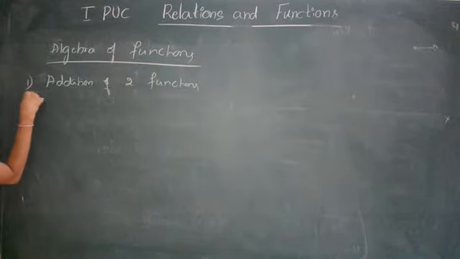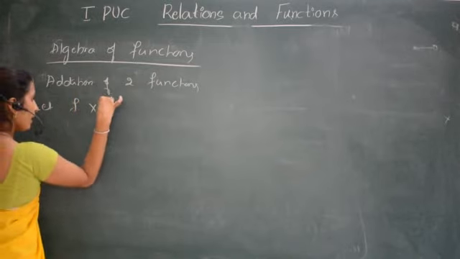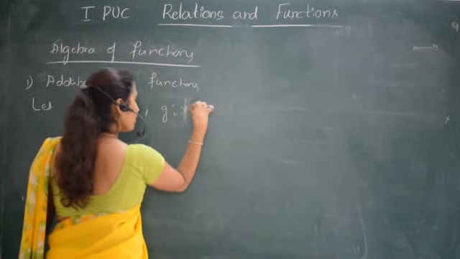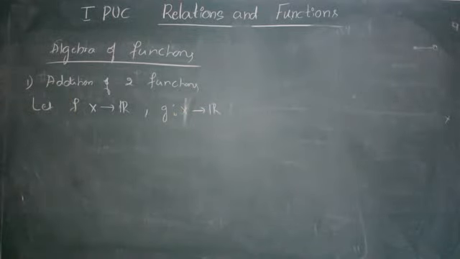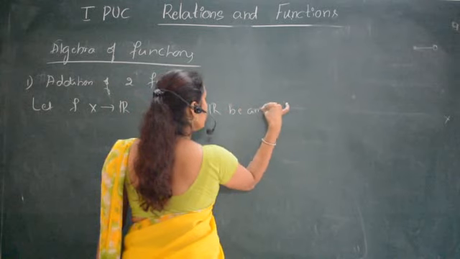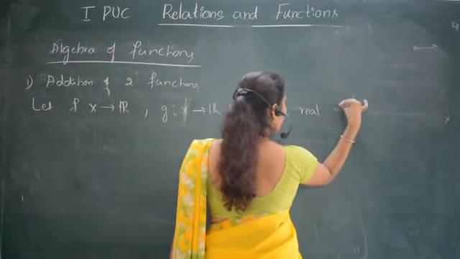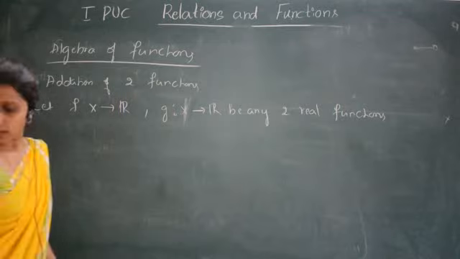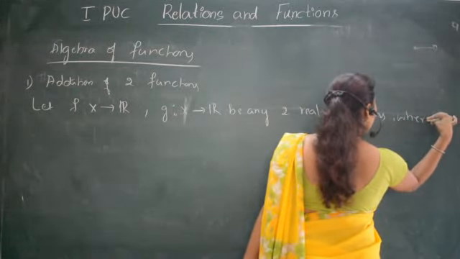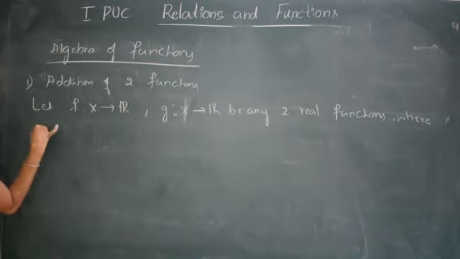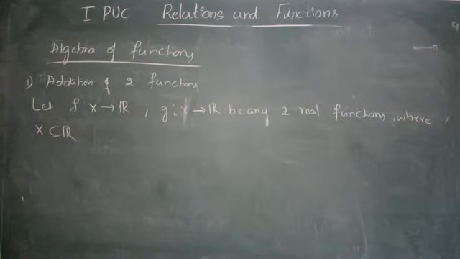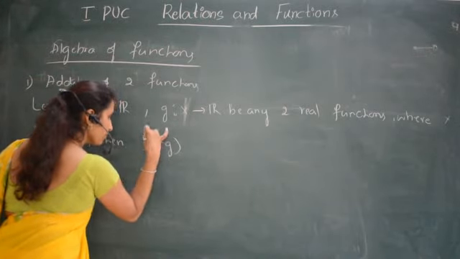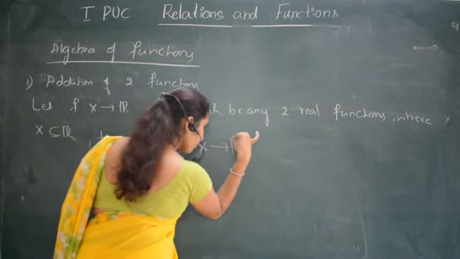Let f be a function from x to r, and g is one more function that is also from x to r, be any two real functions, where x is a subset of R, then f plus g is also a function from x to r.